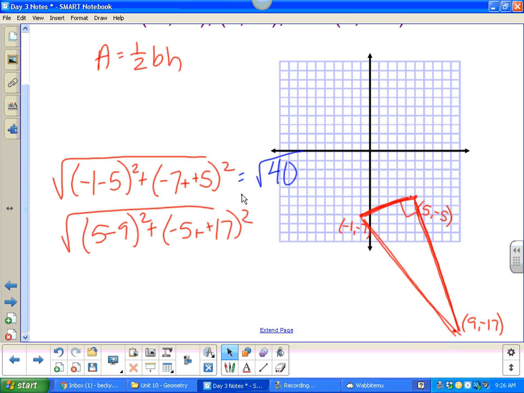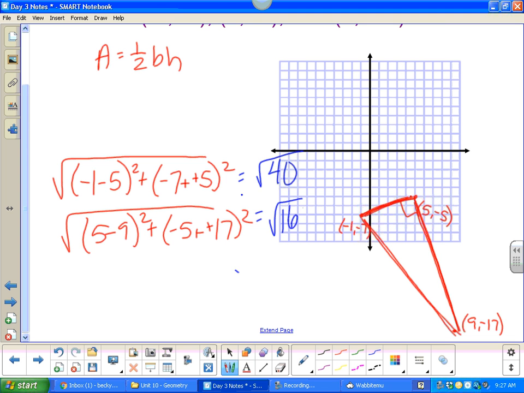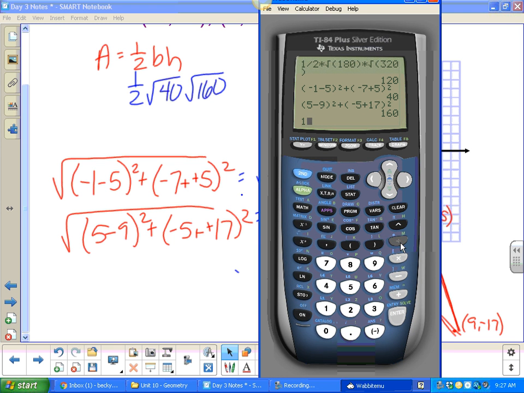So equals root 40. And 5 minus 9 squared plus -5 plus 17 squared. Root 160. So then I go 1/2 root 40 times root 160. I got 40.